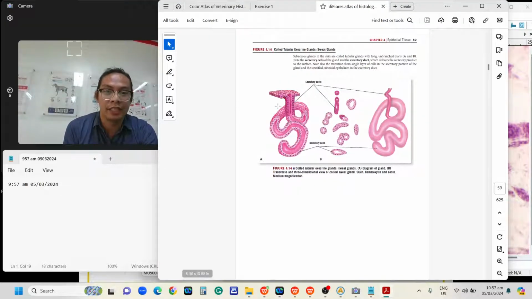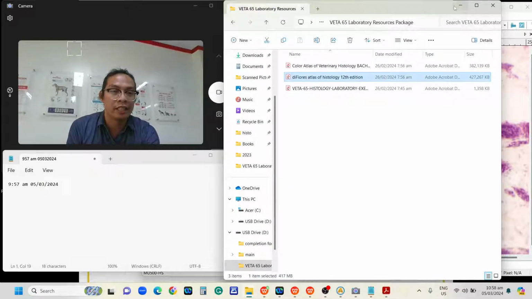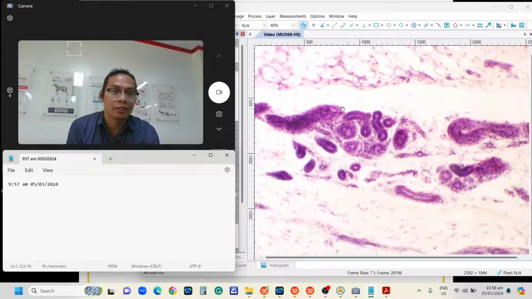Eto, this is now a coiled tubular exocrine gland such as the sweat glands. Okay? So, ganyan ang itsura niyan. Guys, drawing lamang yan ni Eroschenko. Okay? So, kaya magiging ganyan ang itsura ng ating sections. So, this is the section.